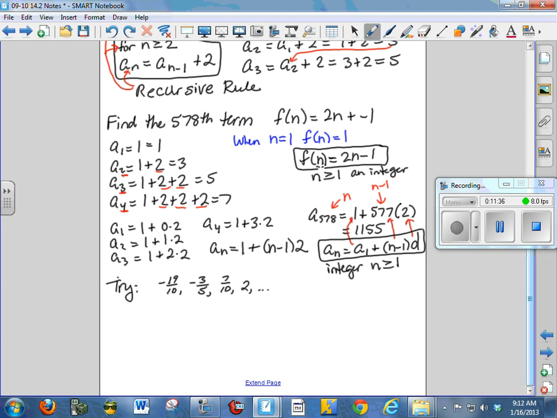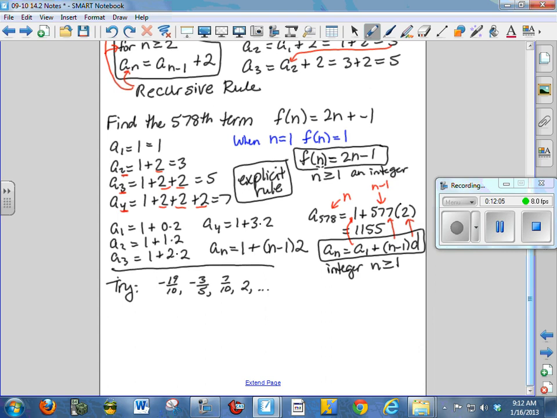So recognize when I'm saying n, I'm not saying that I'm starting with the number 1. I happen to start with the number 1 in the sequence. I'm just saying that I'm starting with my term number as number 1. So this is called the explicit rule, because it allows us to just explicitly plug in a value for n and find any value for a sub n that we want.